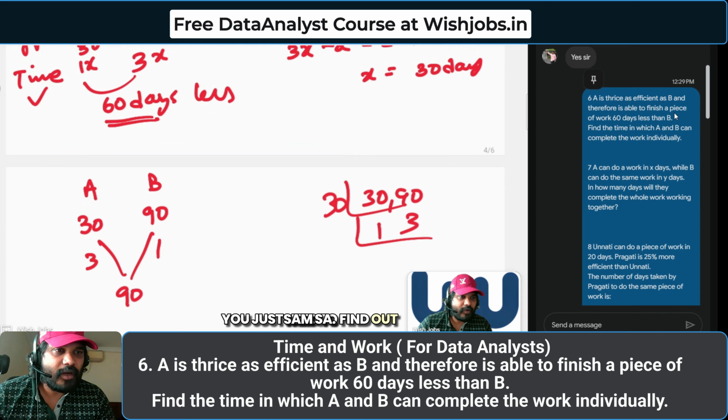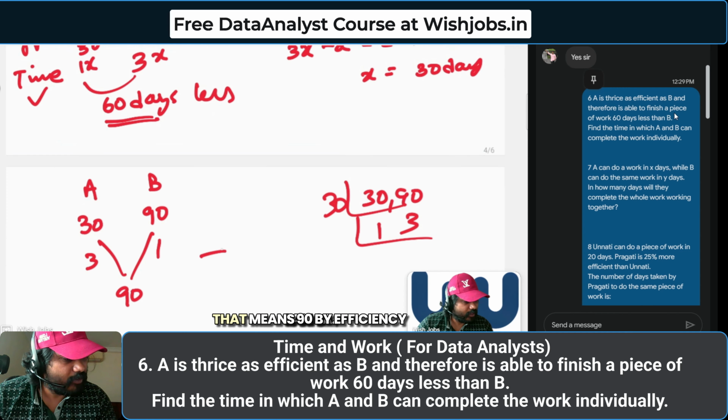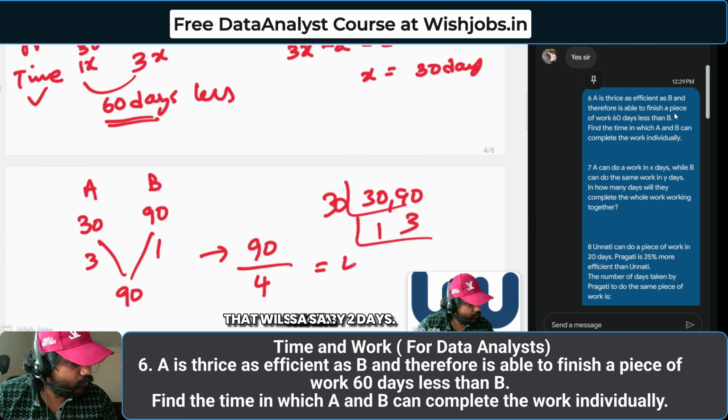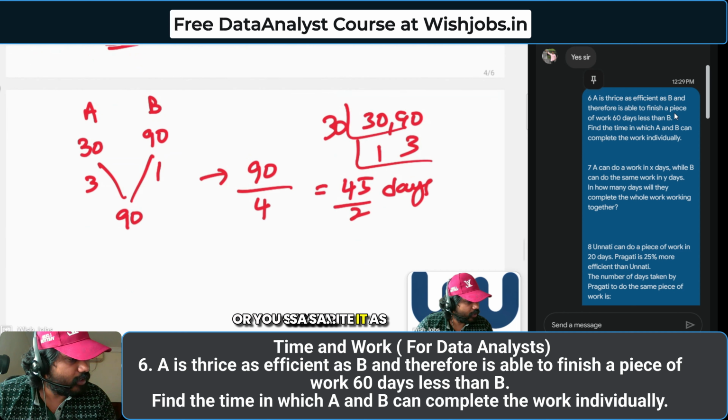You just need to find A and B to complete the work individually. That means 90 by the efficiency of A, which is 3, and the efficiency of B, which is 1. That will be 4, so that will be 45 by 2 days, or you can write it as 22 1/2 days.